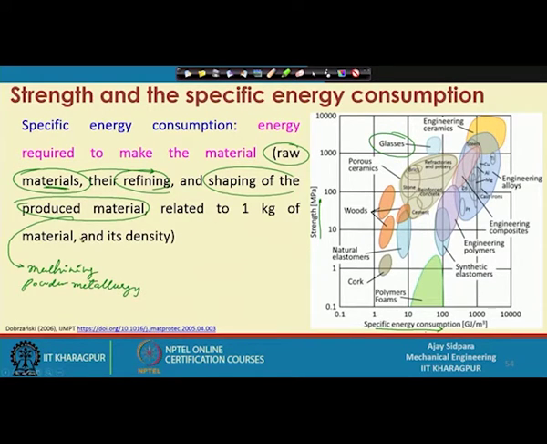If you are getting very small, different types of shapes, then there are different processes available. Then you are doing forming, metal forming.